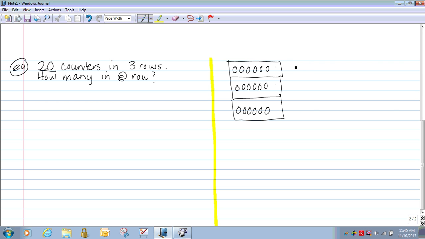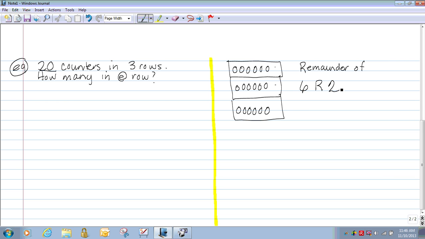So, therefore, I would have a remainder of 2. I would also have 1, 2, 3, 4, 5, 6 in each row with a remainder of 2.